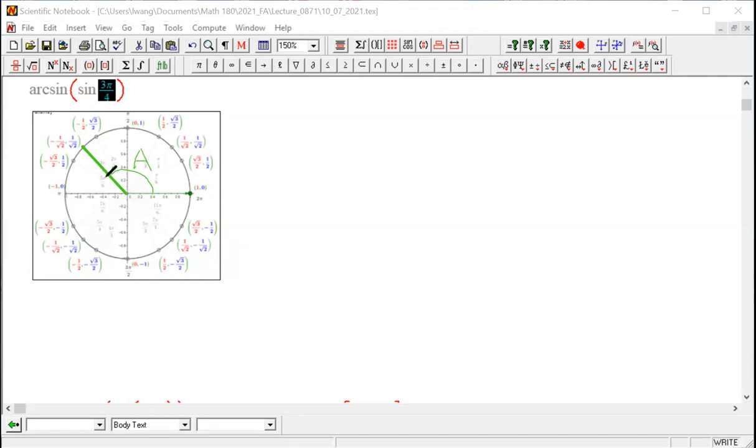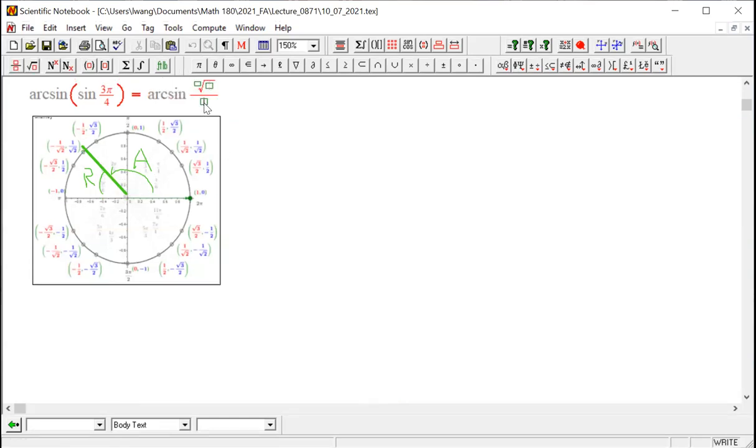The reference angle is R. You see the blue number, therefore sine 3π/4 is 1/√2, that is √2/2. That's the first piece. So from the first step, you get ArcSine of √2/2.